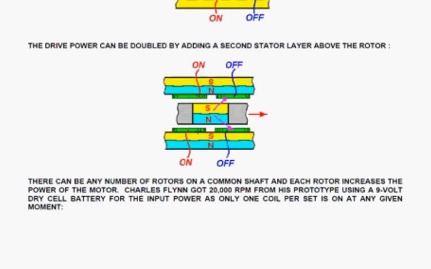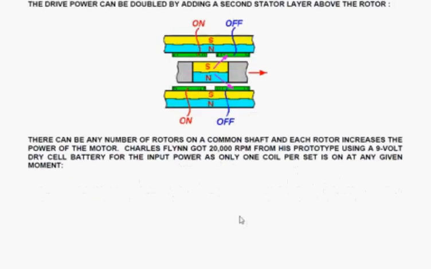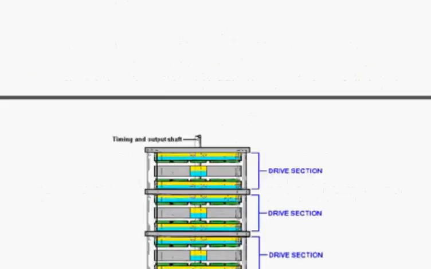There can be as many rotors as you want on a common shaft, and every time you add a rotor, you increase the power of the motor very considerably. Charles got 20,000 revs per minute from his prototype, and he was using a 9-volt dry cell battery for the input power to those coils. There's only one coil on at any given moment.